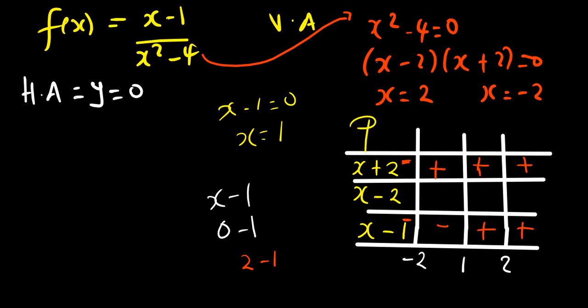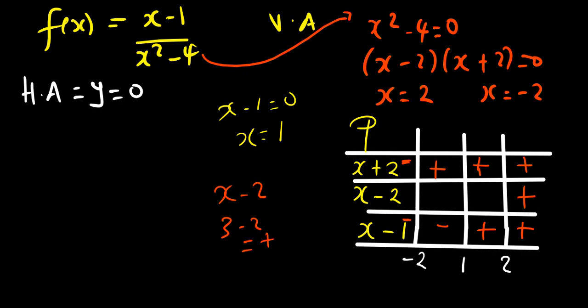Okay, now let's solve for 2. Which equation gave us a 2? The equation that gave us a 2 was x minus 2. So let's solve that. If we get any number that is greater than 2, let's say 3 minus 2, this will give us a positive number. So this region will give us positive numbers.